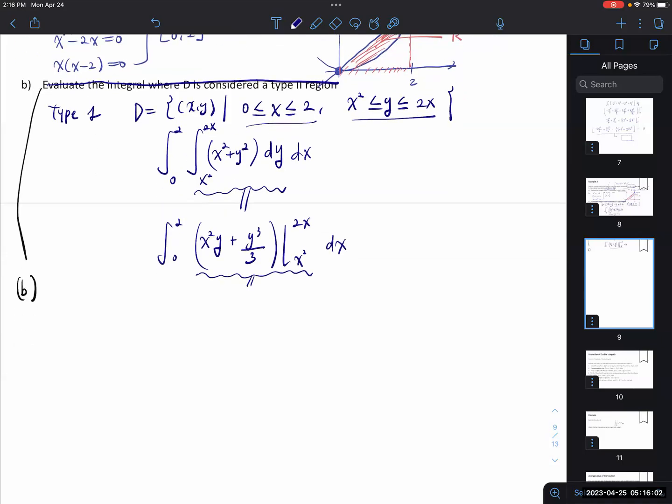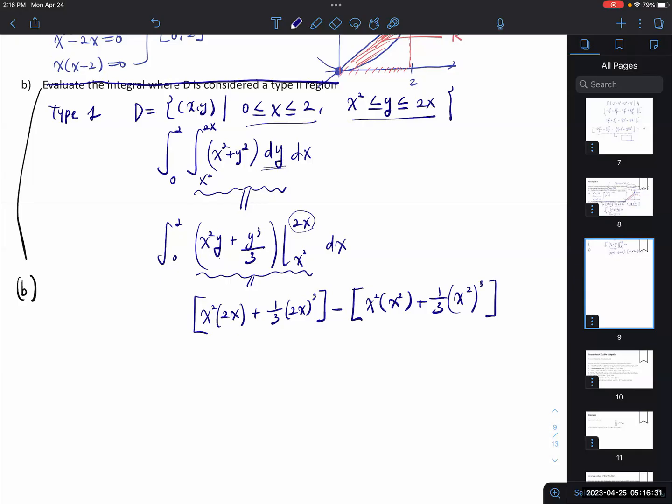So this one, you're going to plug in 2x into the y spot because we are taking dy. So x squared times 1 over 3, (2x) to the third, minus x squared times, plugging in x squared, 1 over 3, x squared to the third.